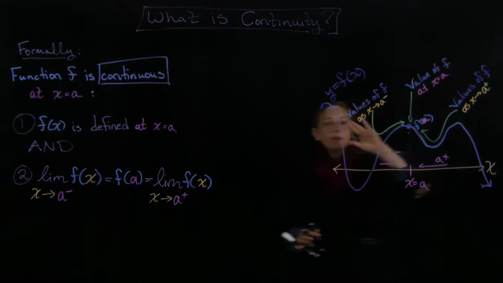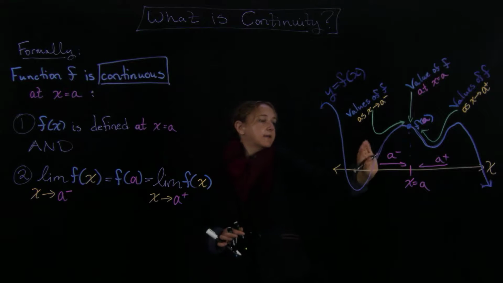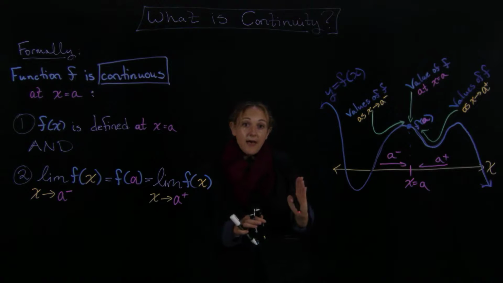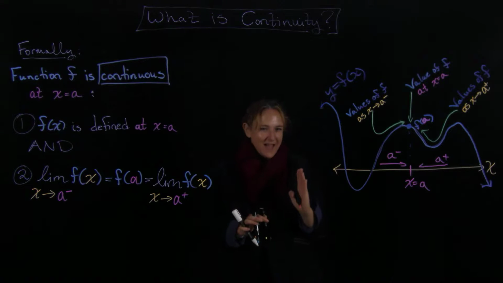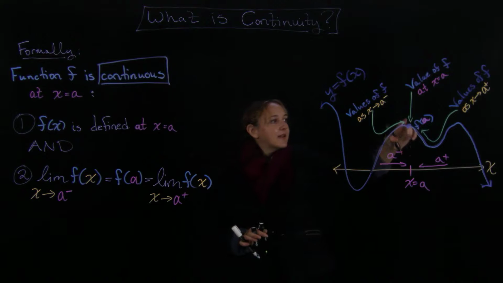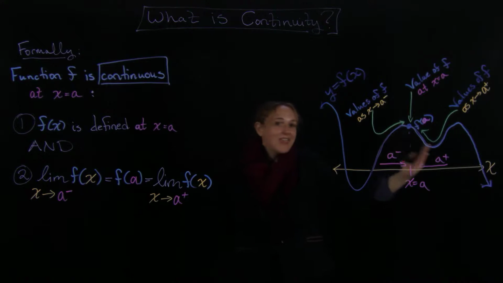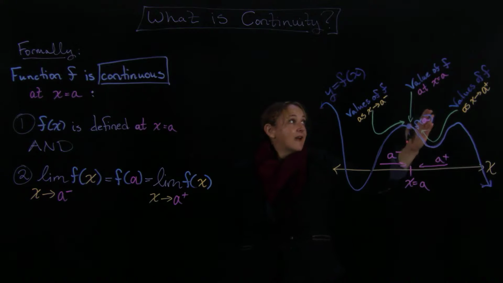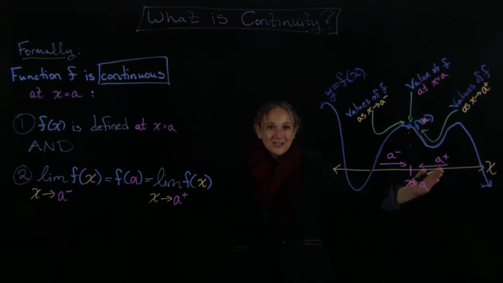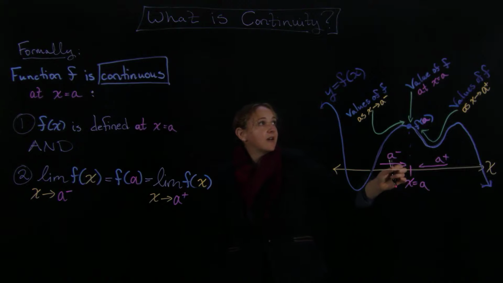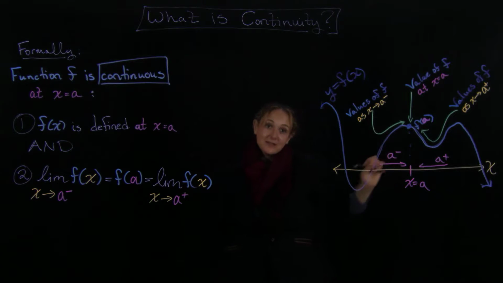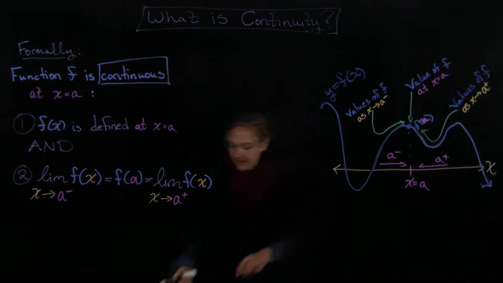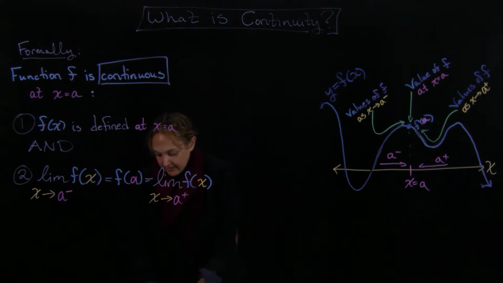So there are three different kinds of values I'm looking at. The values of f as x approaches a from the left-hand side, or from values of x that are less than a. The value of f precisely at a. And the values of f that I get as x approaches a from the right-hand side, or from values of x that are greater than a. And those three values should all be the same. Those limits exist, and they should be the same.